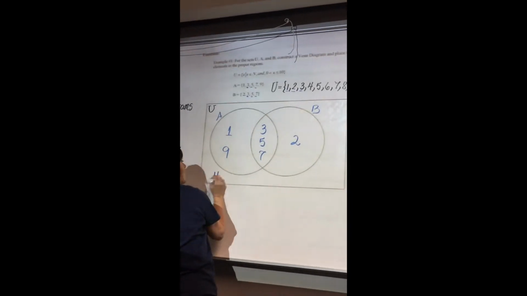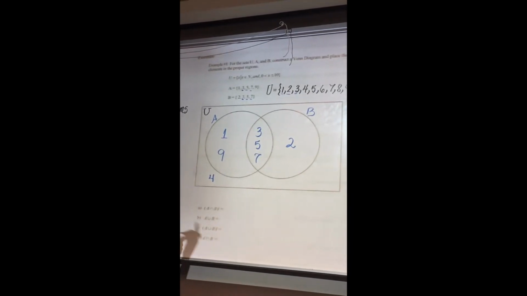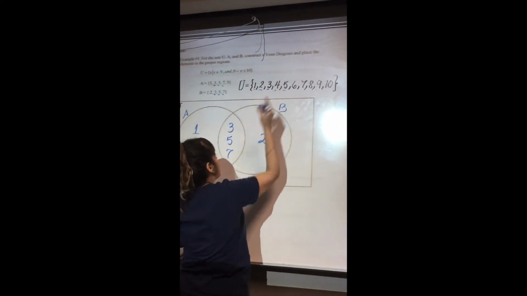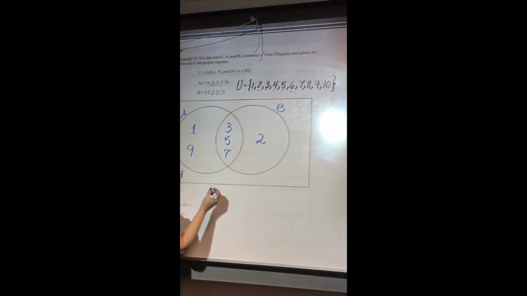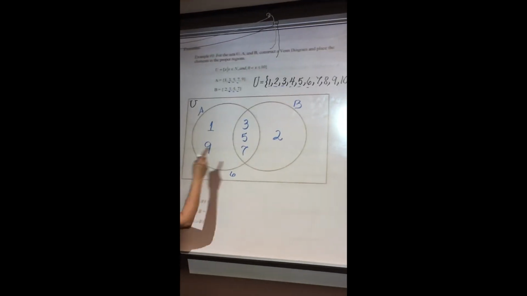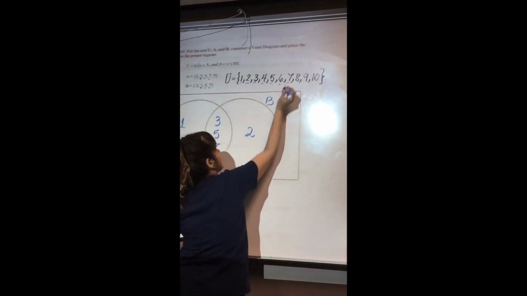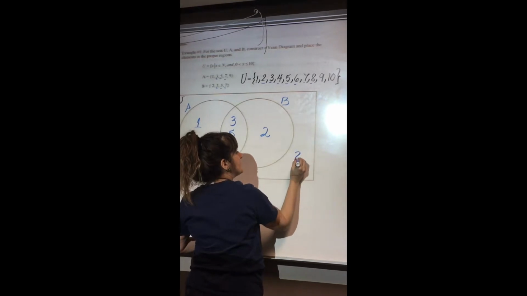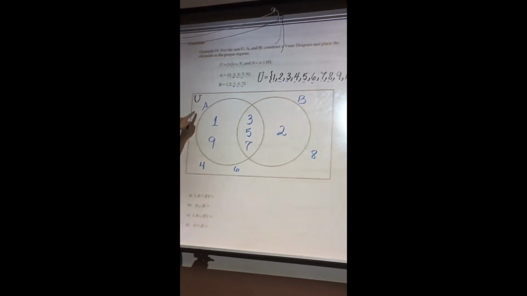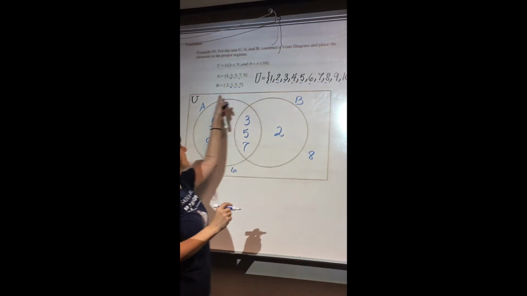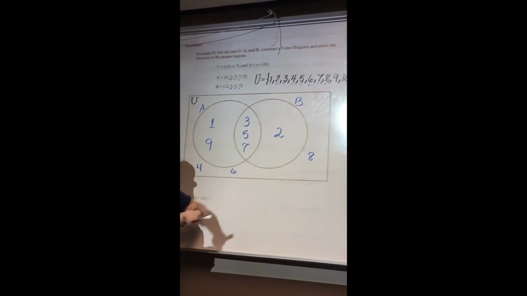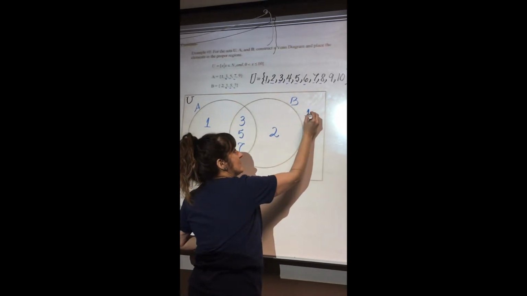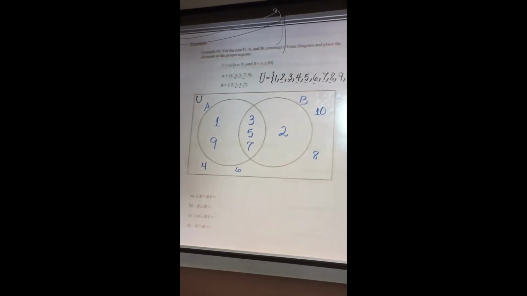So 4 goes outside of A and B, but it is in my universal set. 5 is already here, 6 isn't, so 6 goes outside of A and B again. 7 is already here, 8 is not, so I have to put it right there in the universal set. It doesn't matter where you put it, as long as you put it inside of this big rectangle. 9 is already here and 10 isn't, so we must include 10.